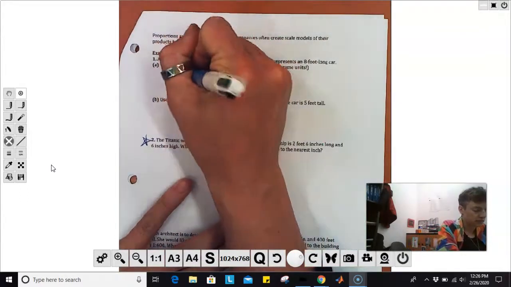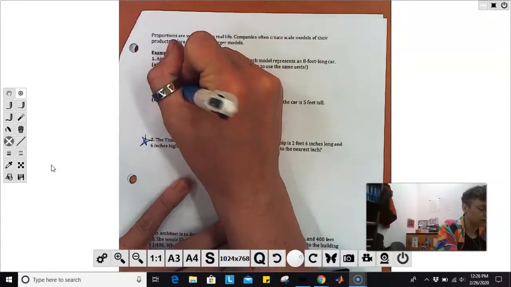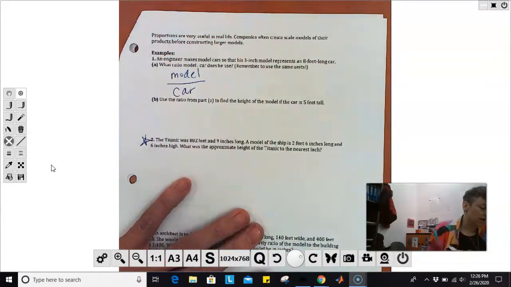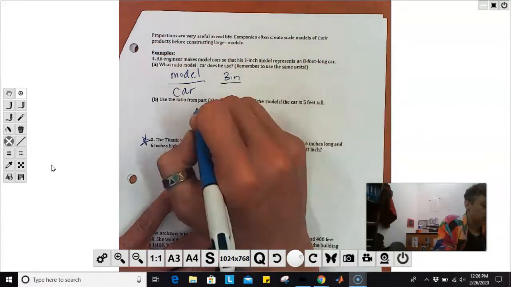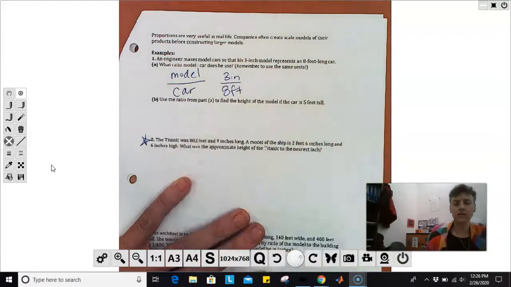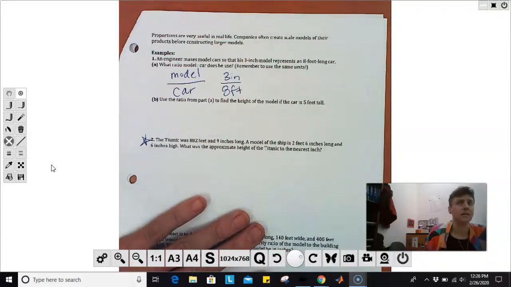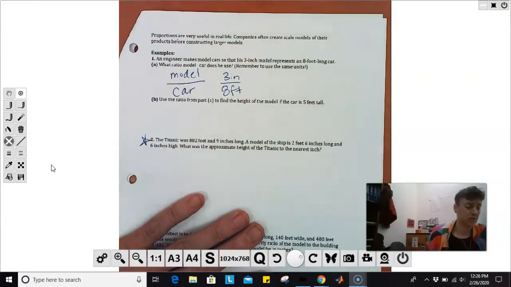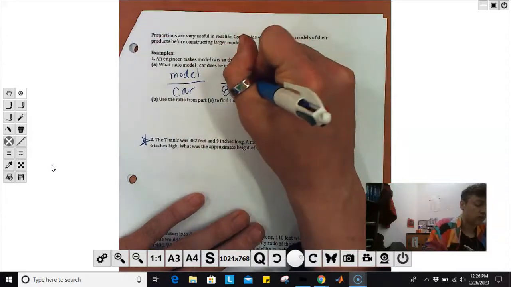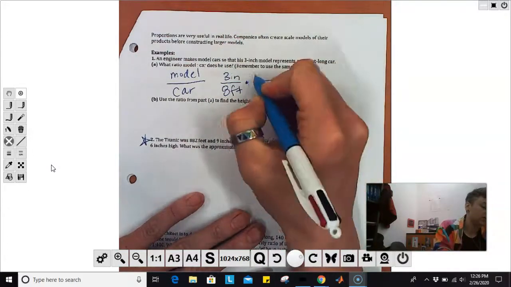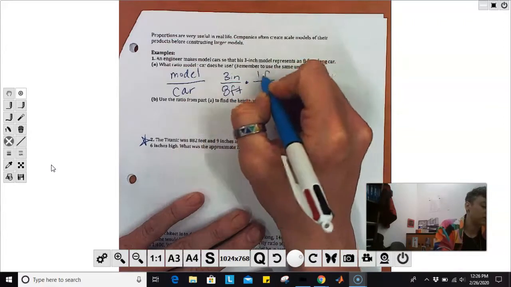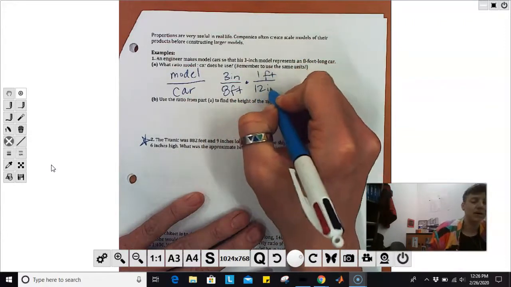So let's look at the model over the car. The model is 3 inches. The car is 8 feet. Those are not the same units, so we're going to do some unit conversion. And we know there are 12 inches in a foot. We want the feet to cancel, so we'll put the 1 foot on top and the 12 inches on the bottom.